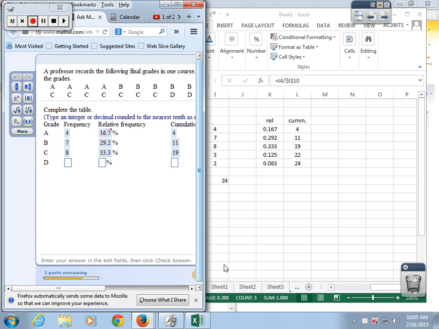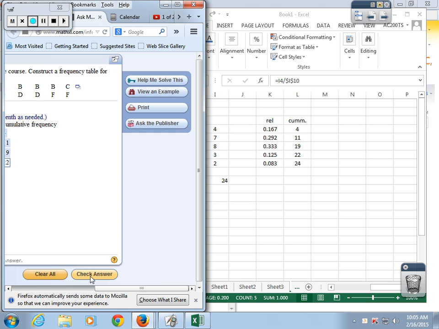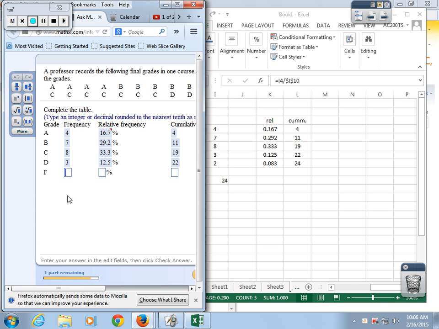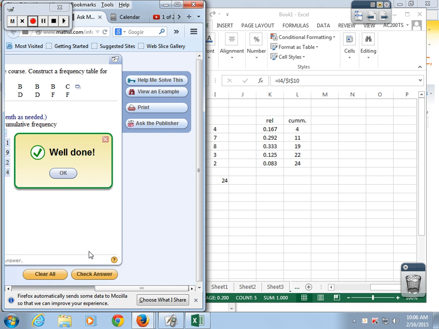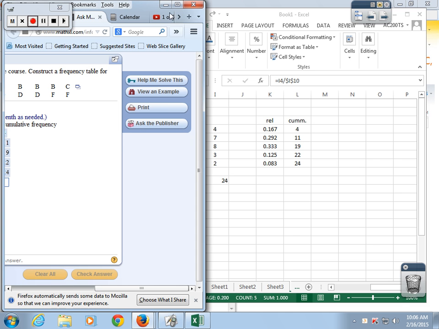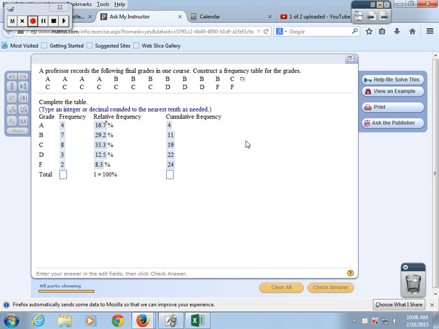And D is 3, and 12.5, and 22. I'm not going to put this question on the test. It takes half a day to type in the answers. 8.3, 24. Okay, so hopefully that helps you out there.